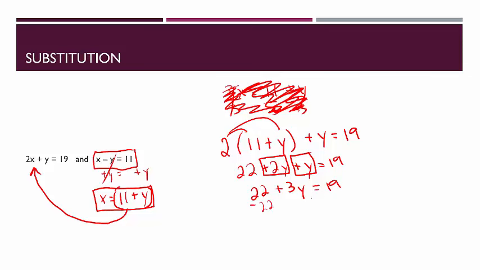Subtract 22 from both sides. And when I divide by 3 on both sides, I get y equals -1.